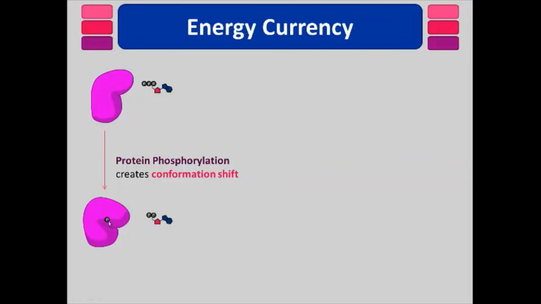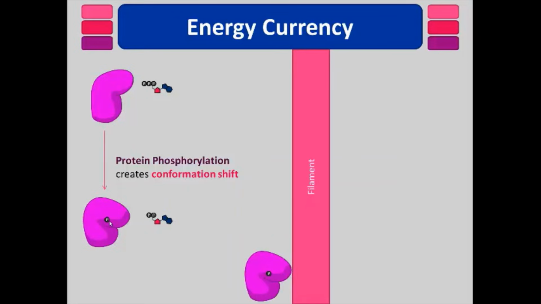In proteins, like this purple one shown here, adding a phosphate causes the protein to make a conformational shift, or a change in shape. These structural shifts can perform work, like the movement of this motor protein along the filament. Note the presence or absence of phosphate in each structure.